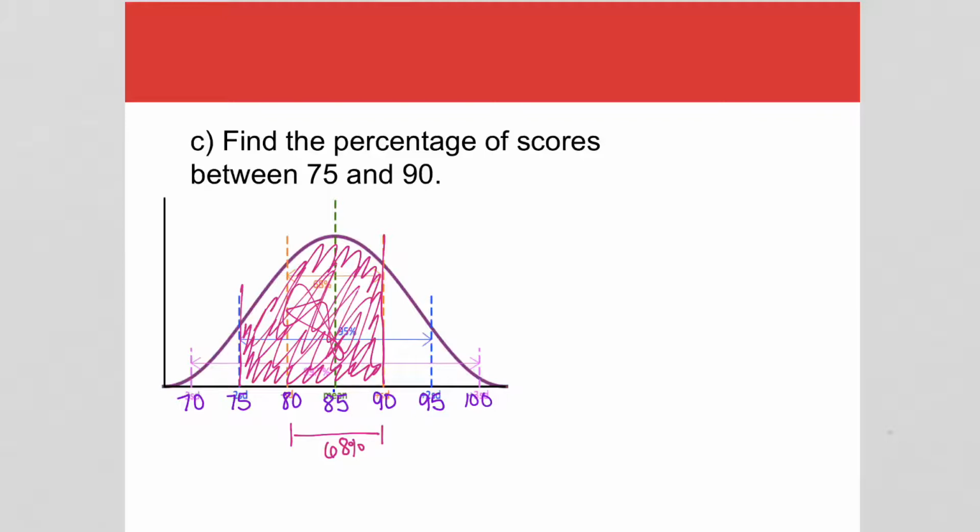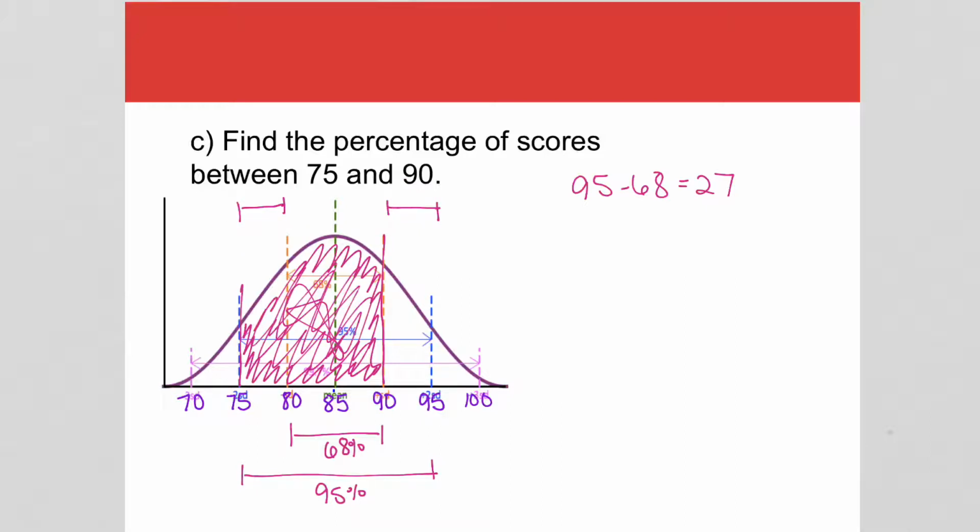And we know from here to here is 95%. So if we take 95 and subtract 68, then we would get just there and just there. So let's see what that is. 27. So both here and here is 27%.